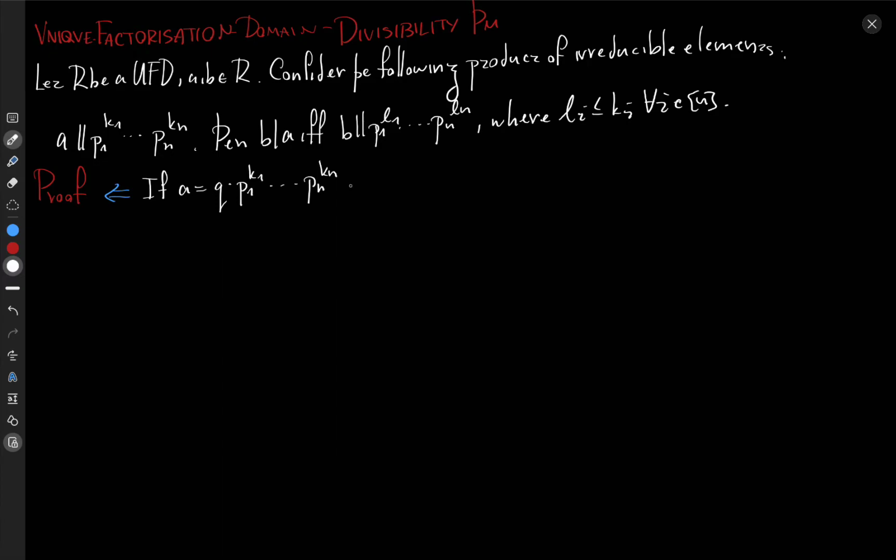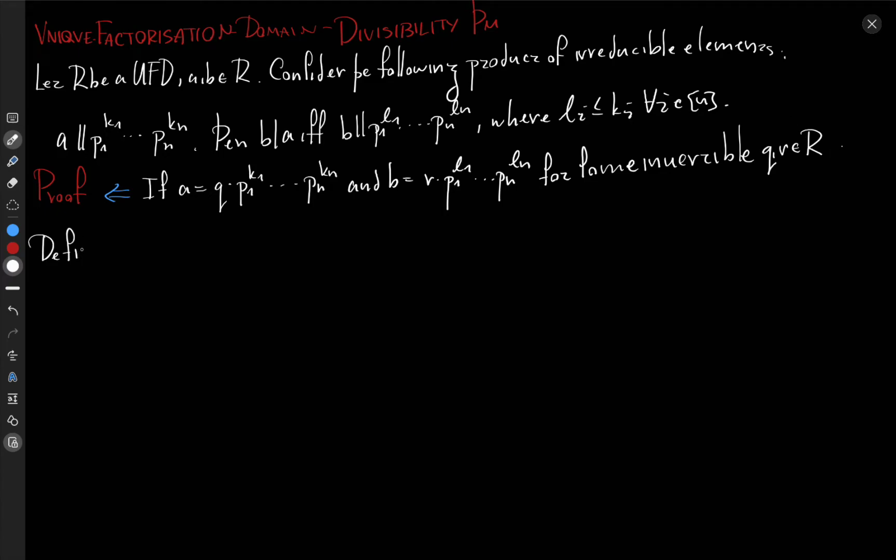And B is equal to some R times P1 to L1 through Pn to Ln, for some invertible Q, R, again by definition of being associated, which are elements of the underlying set of the ring R.